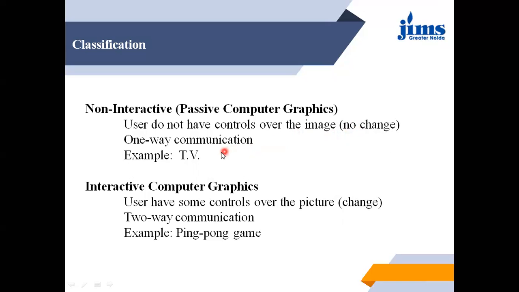For example, whatever we are seeing on the TV, we cannot perform any change on that, so that's one-way communication. On the other side, there is interactive computer graphics. It is also called active computer graphics.